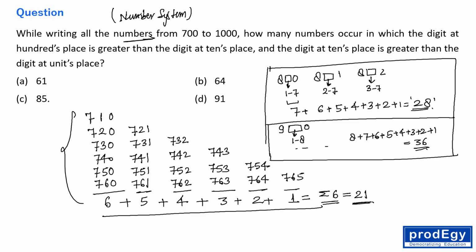So now they're asking the total numbers, right? So we need to add all of them. So total number is 21 plus 28 plus 36. This is what? This is 85. Right everyone? The answer is 85.